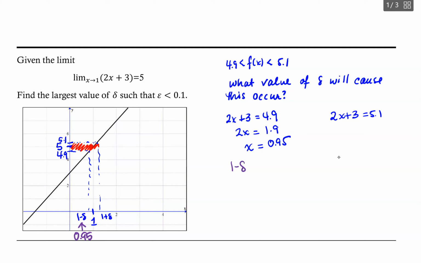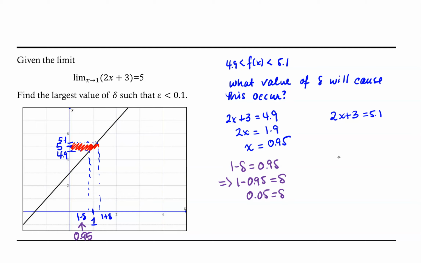So 1 minus delta equals 0.95 implies that, let's add delta to both sides and subtract 0.95. So my delta is positive and I get 0.05 is my delta for the left.